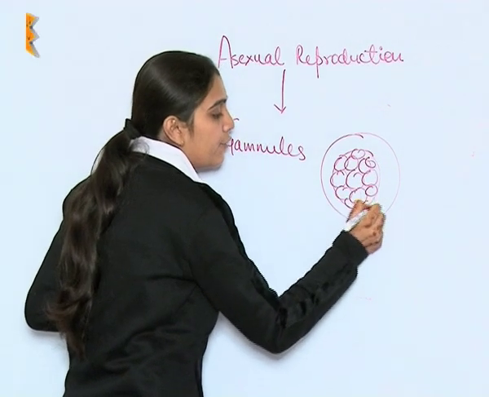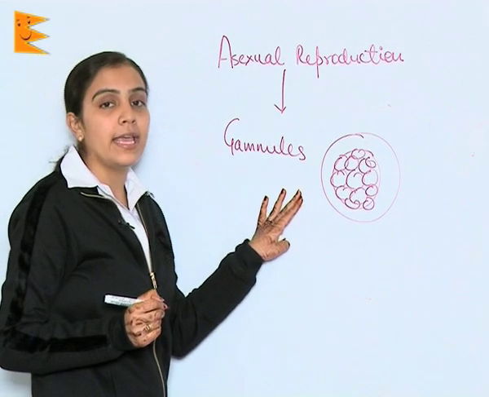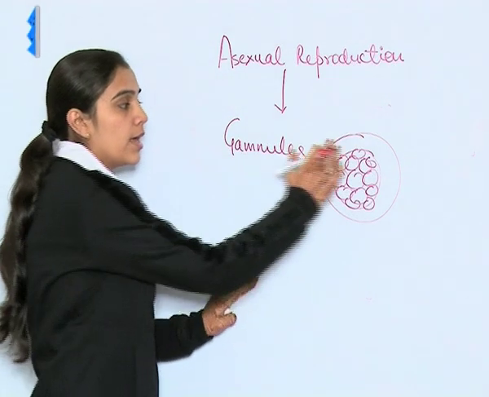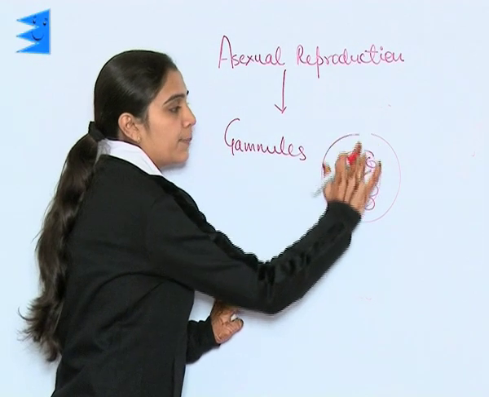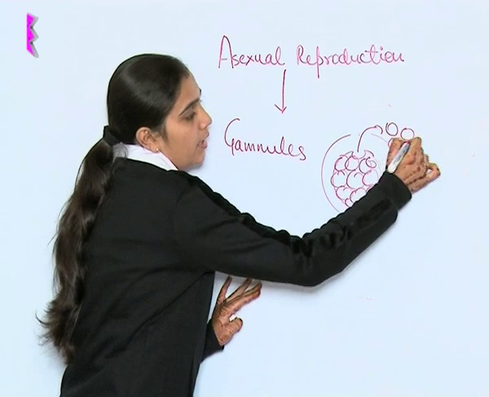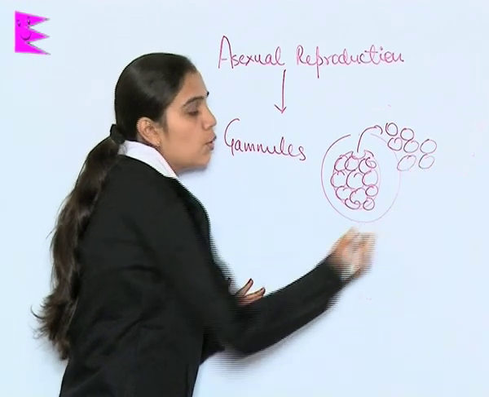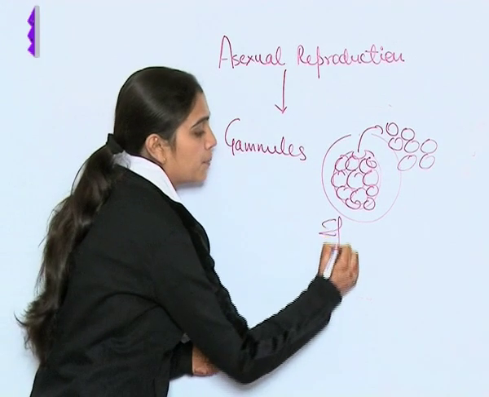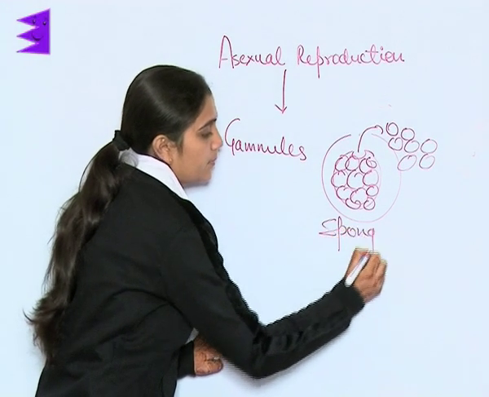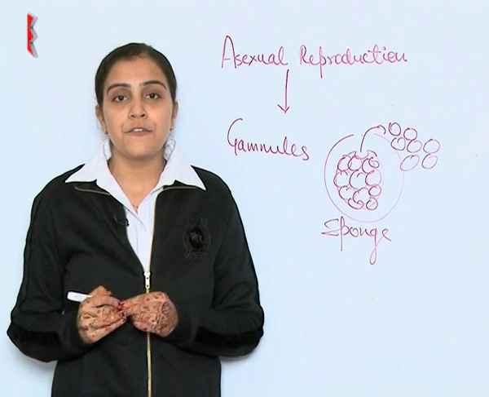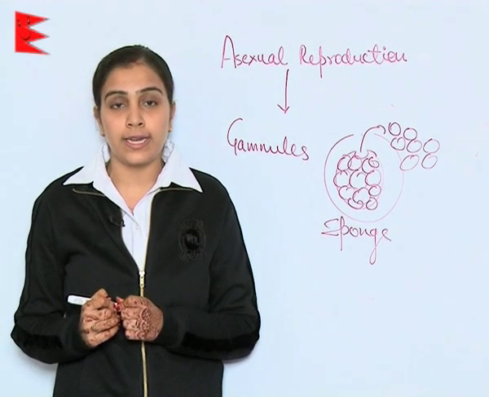Similarly, once they find the external environment suitable to live, sustain and grow, this cell wall will rupture like this and they will be out of the parent body, growing into new offspring. This is seen in the case of sponges. This was the case of lower animals, fungi and unicellular organisms.